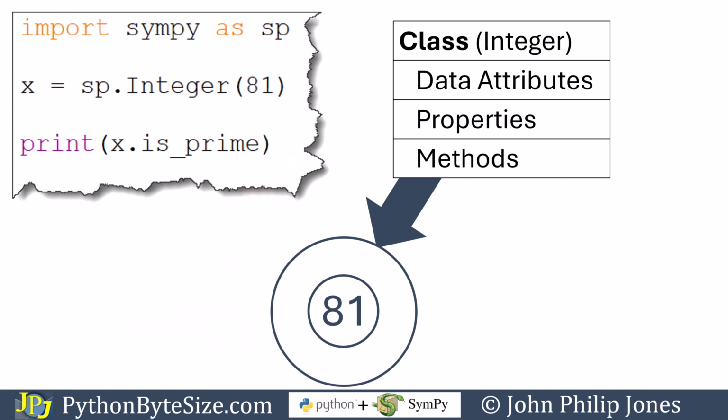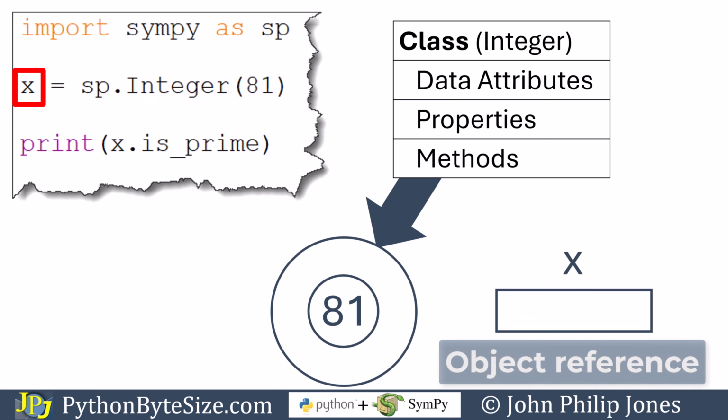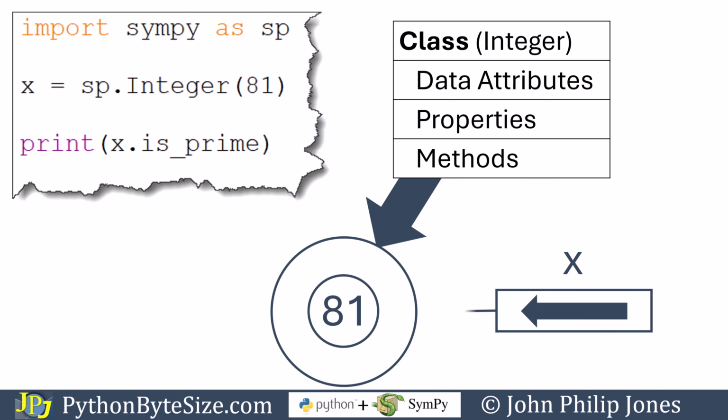Of course, we know that this is assigned to x, so we're going to get an object reference that's come into view, and this object reference will point to the object, as you can see by the arrows that are appearing. Now this will send a message to the object.